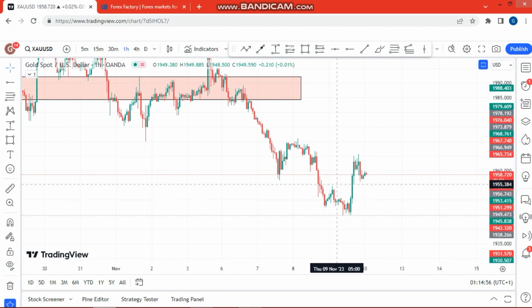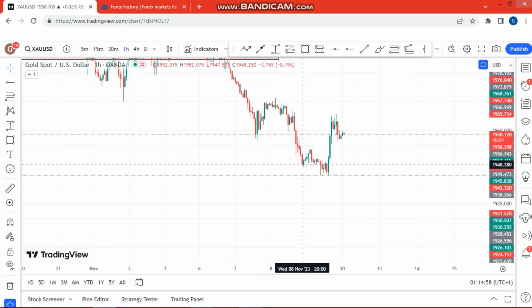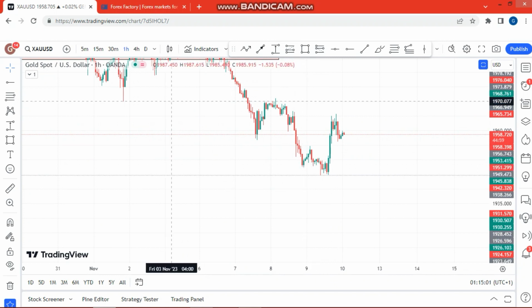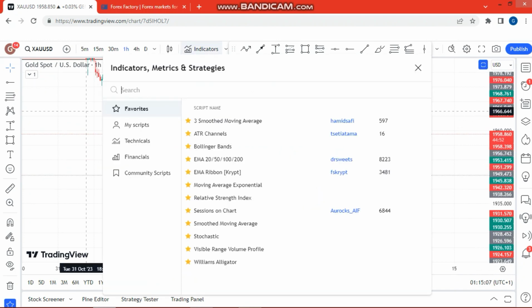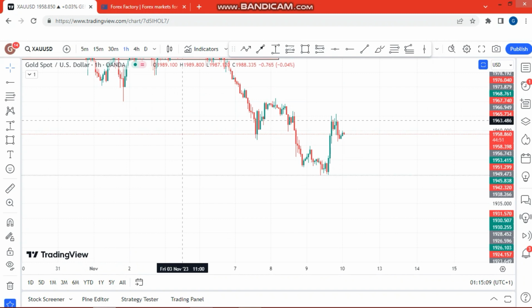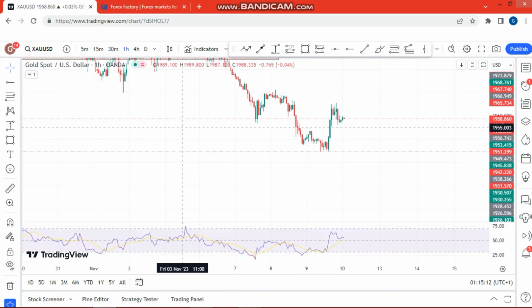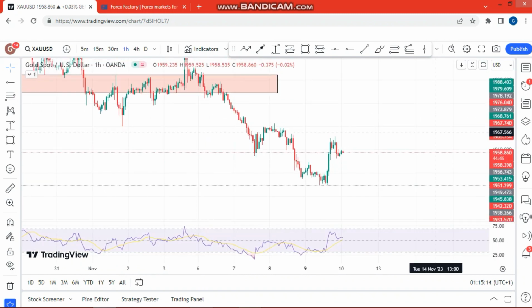All right, but at this area here, after this happened, I got into my indicator right there and picked out my RSI to look for divergence.